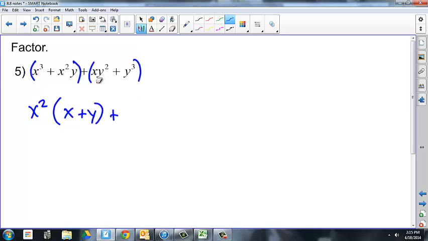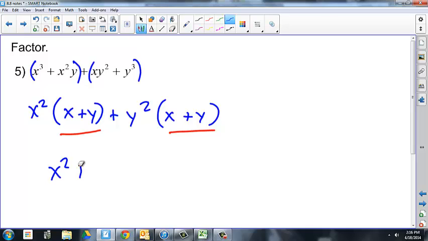Now for my second grouping, I see I have 2 y's here and 3 there, so I'm going to take out 2 of them, so I'm going to factor out a y squared, and that leaves me with x plus y. That is officially beautiful because we have matching terms remaining, so I can now condense to this factored form you see right here, x squared plus y squared times the quantity of x plus y.